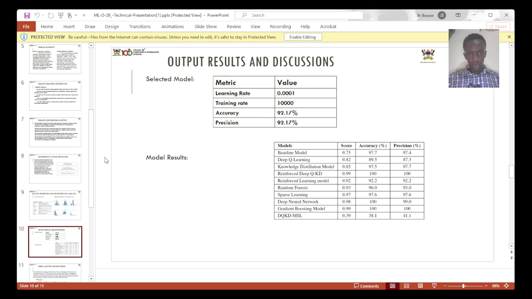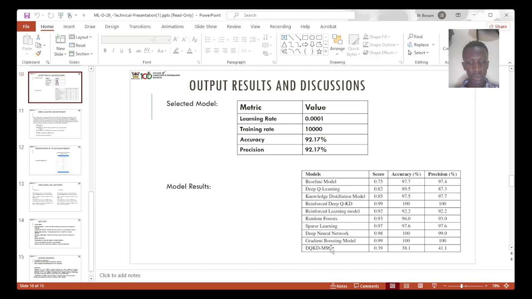Among the output results, the selected model had an accuracy of 92.17%, a learning rate of 0.00001, and a training rate of 10,000, and the other models performed as shown in the table. So you have the baseline model, the deep Q learning model, and the hybrid that we have, and all of these performed as shown there.